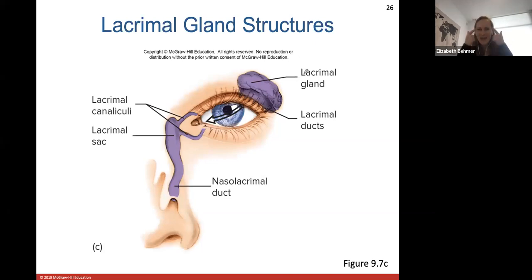You have little lacrimal glands on each upper eyelid on the lateral side, and the tears that come from the lacrimal gland flow across the eye to the nose. So they go from lateral to medial as these tears flow across the eye to keep your eyes clean. The tears will then empty into the lacrimal canaliculi, into the lacrimal sac, and then into your nasolacrimal duct, into your nasal cavity.